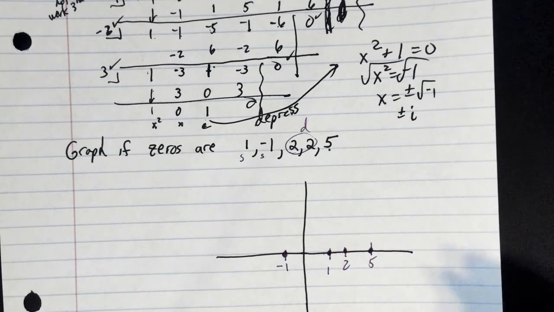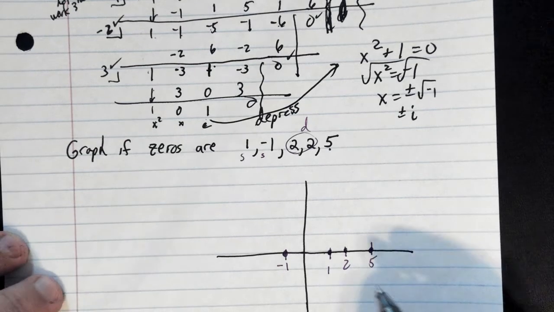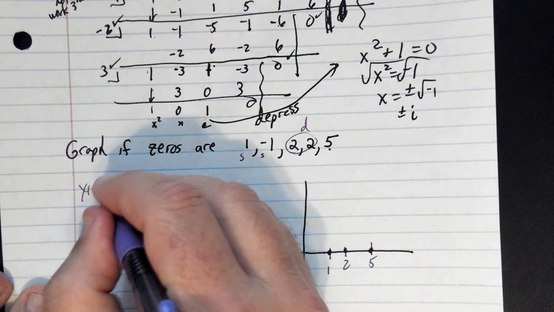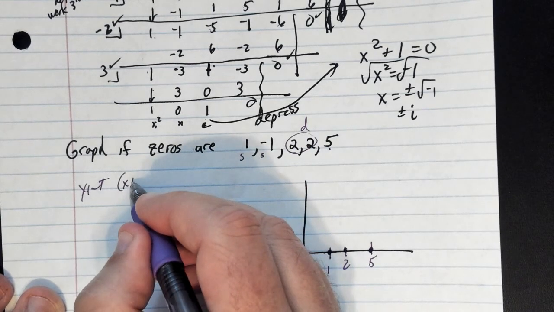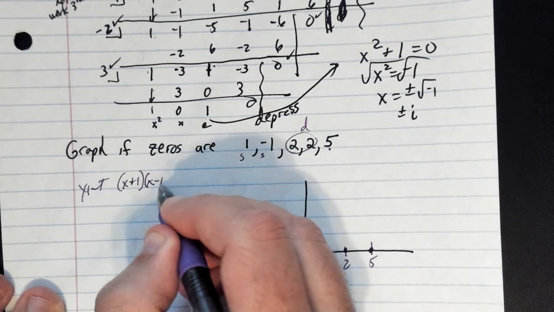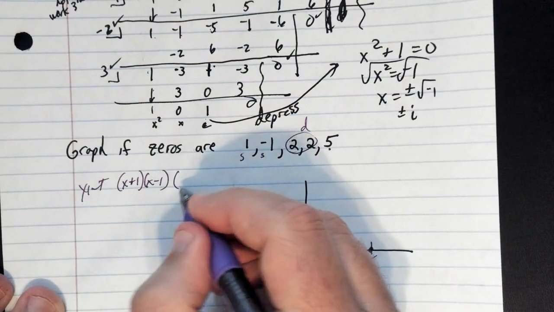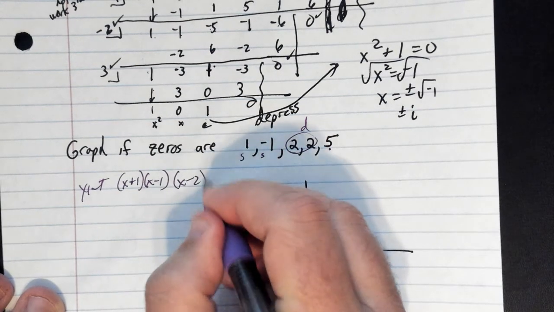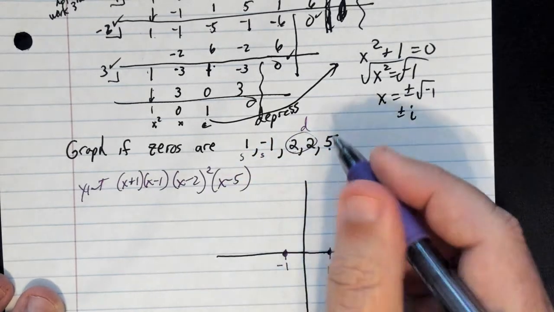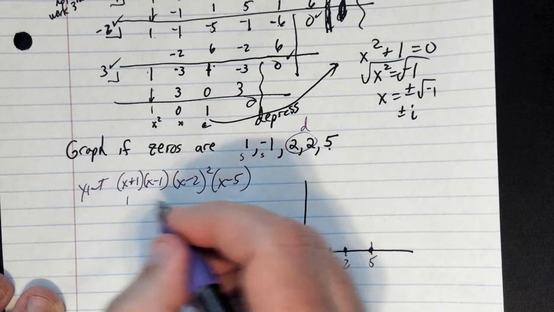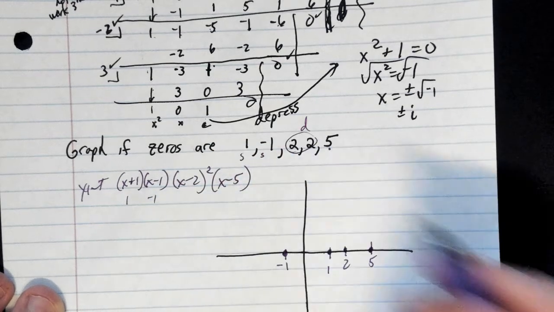Okay? Now, how do I find my y-intercept? Well, I need to put these in terms of, this would be x plus 1, x minus 1, sorry I did that backwards, x minus 2 squared, and this would be x minus 5. Okay? This is the 1, the negative 1, and the other ones, right?